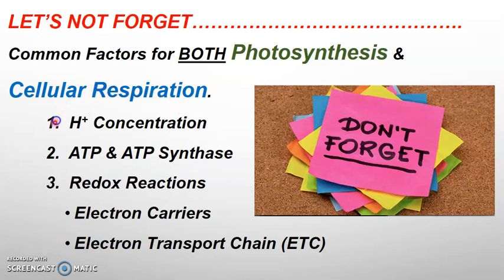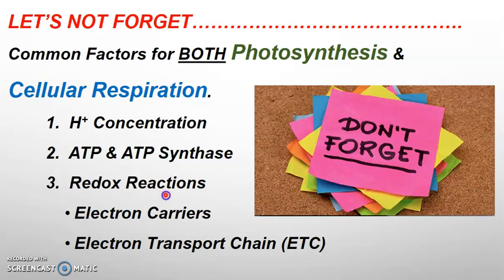So the manner in which this is going to be completed is going to be almost identical to how it was in photosynthesis. And to get there, to make a gradient, to produce ATP, we will once again have to have redox reactions.